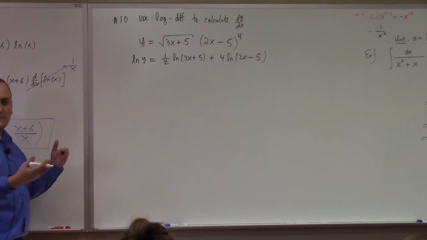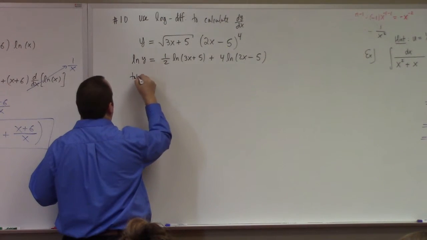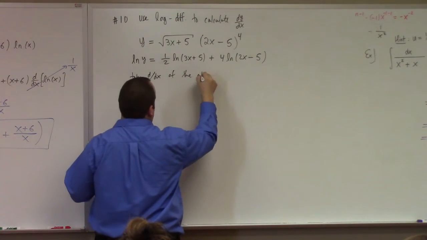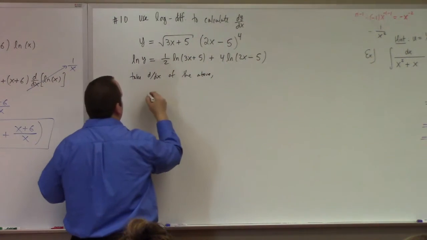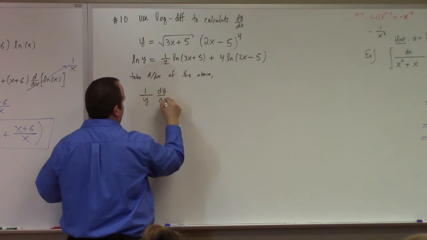And then you differentiate with respect to x again, right? So I'll take d dx of the above. So I get 1 over y dy dx, right?